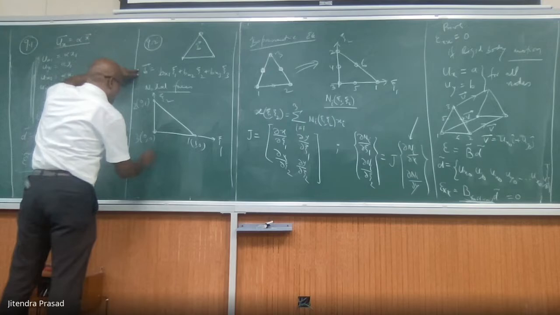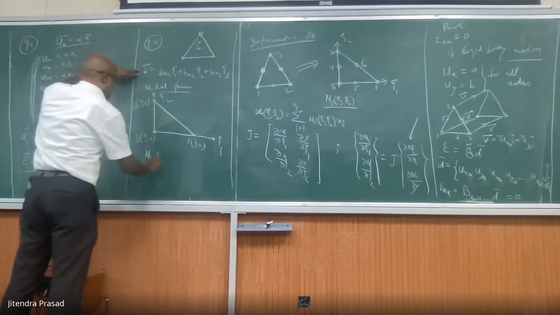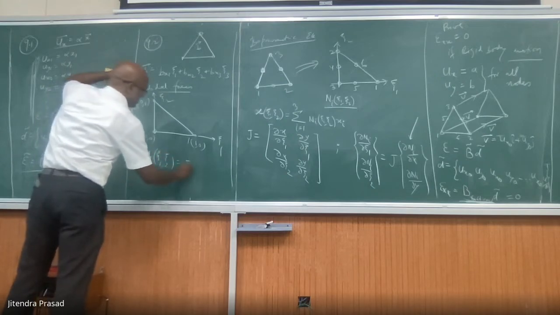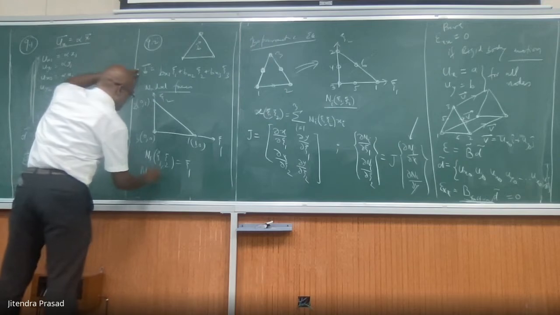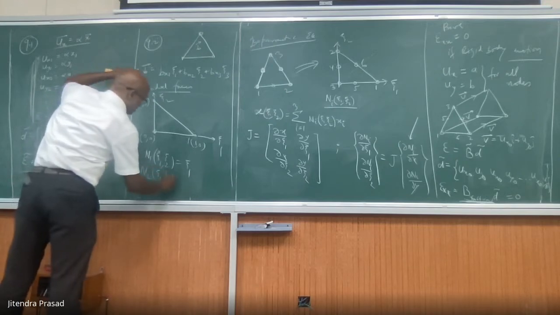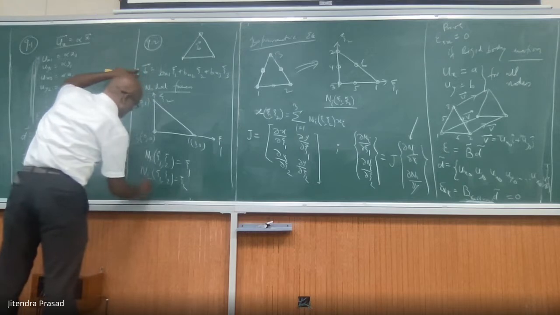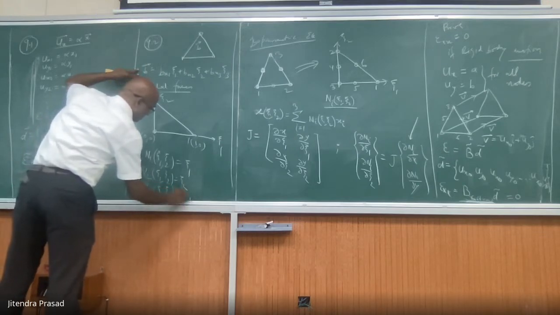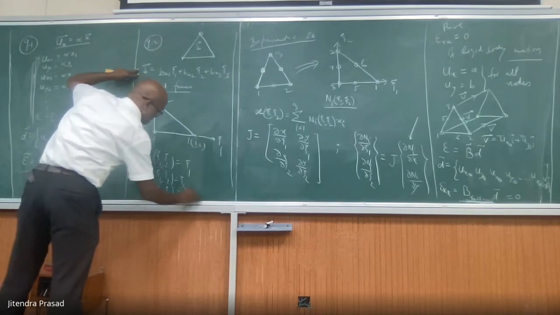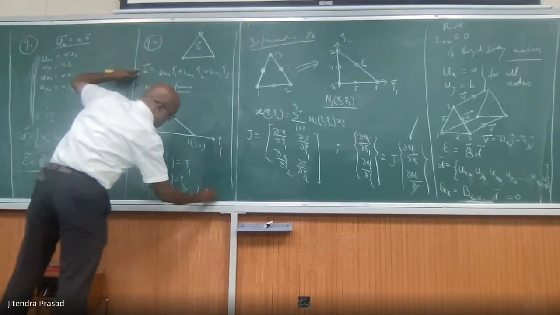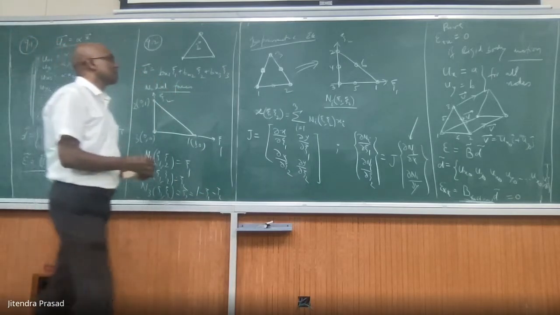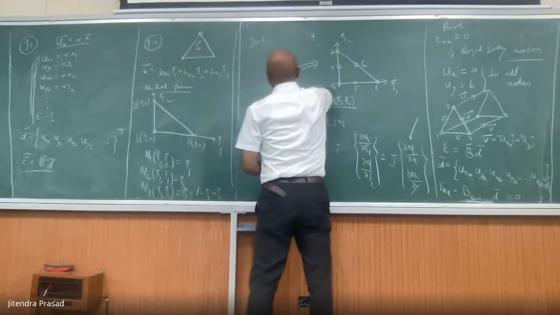Okay, and N1 xi1 xi2 is equal to xi1, N2 xi1 xi2 is equal to xi2, N3 xi1 xi2 is equal to xi3, which is 1 minus xi1 minus xi2. So we have that, and we have to calculate forces.